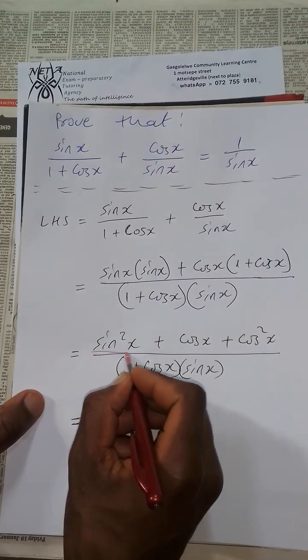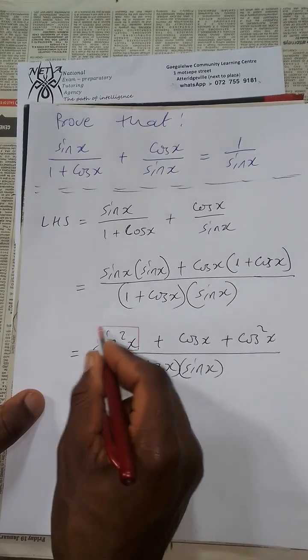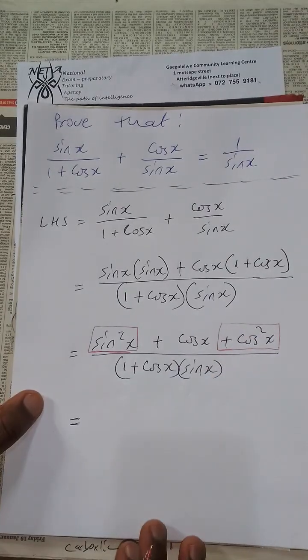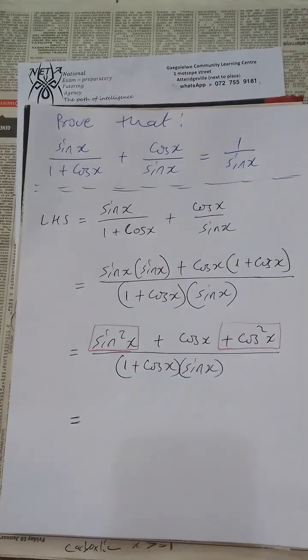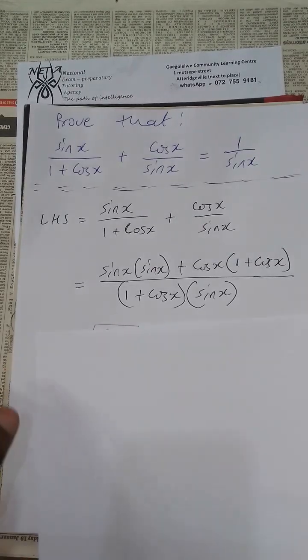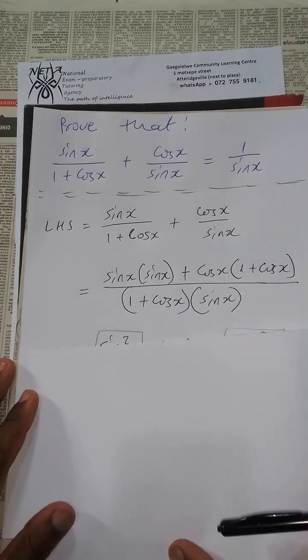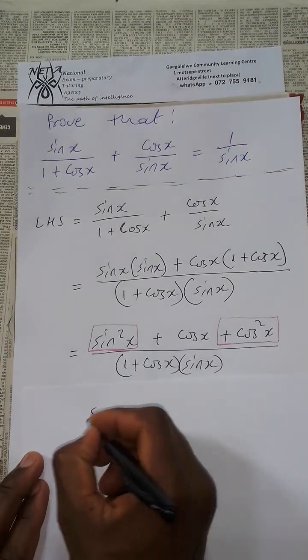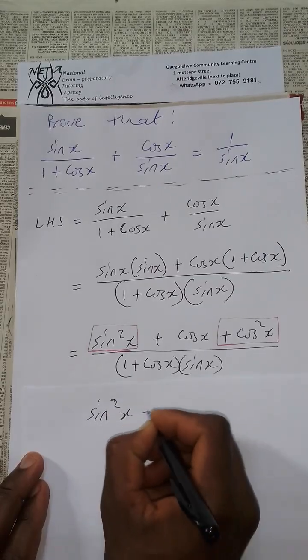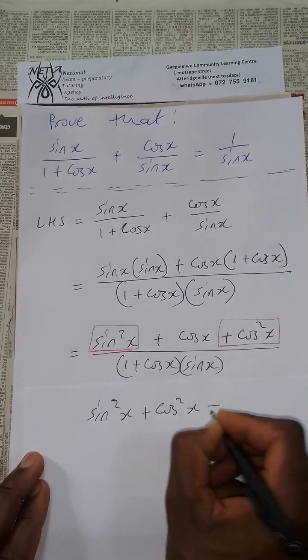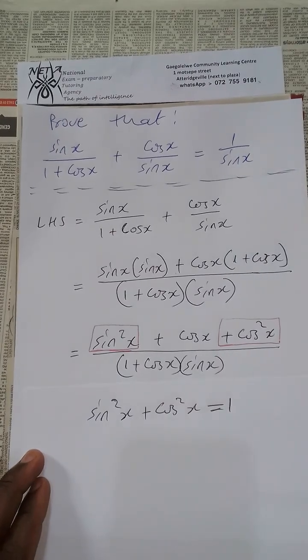From our numerator we have sin squared x plus cos squared x, and we know that this is a trigonometric rule. Everywhere you do trigonometry, even in grade 12, this is what you should know: every time you are given a situation where you have sin squared x adding itself to cos squared x, the answer is always 1.